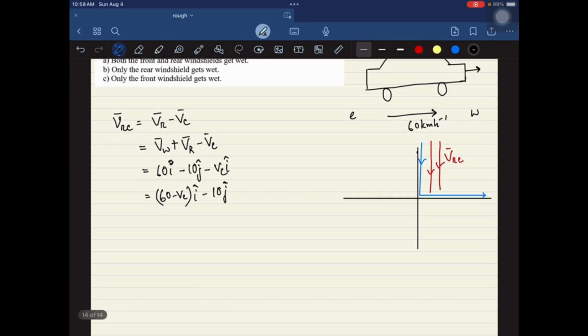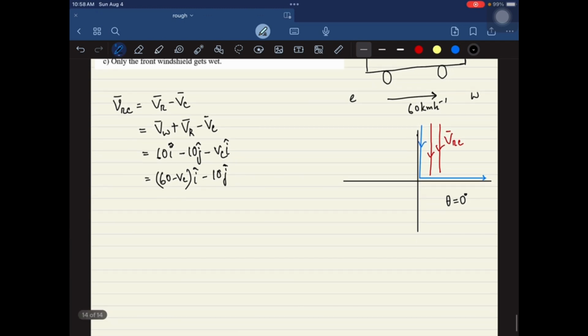To have the angle in this direction, theta should be 0. It is similar to the previous problem. So tan theta equals (60 minus VC) divided by 10.